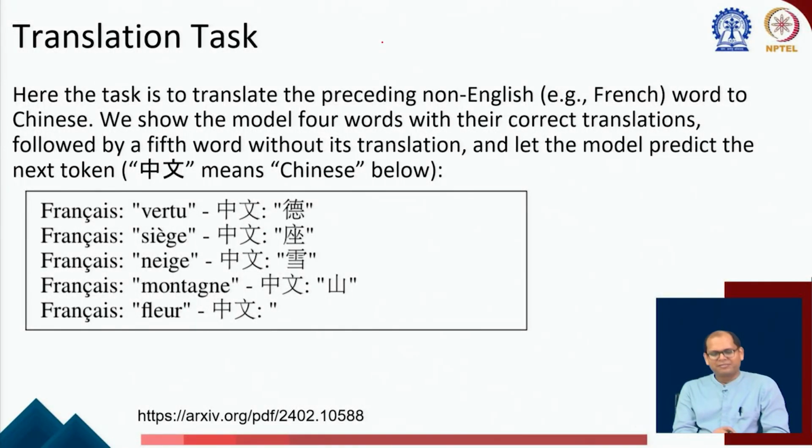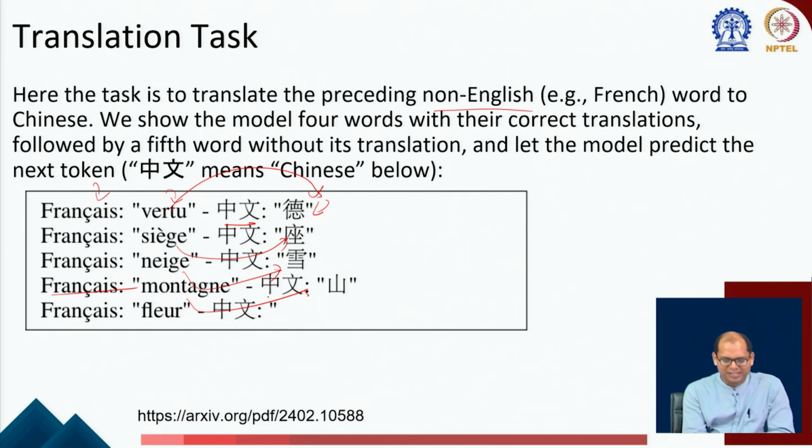They defined certain tasks, so we will briefly discuss those. One was the translation task. You will have a non-English word, like a French word, and you want to translate it into Chinese. You give these examples in context: this is a particular word in French, and this is the corresponding translation in Chinese, and the labels just mean the French and Chinese languages in their scripts.